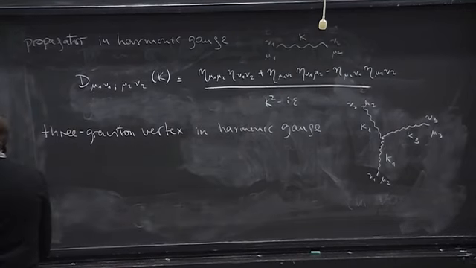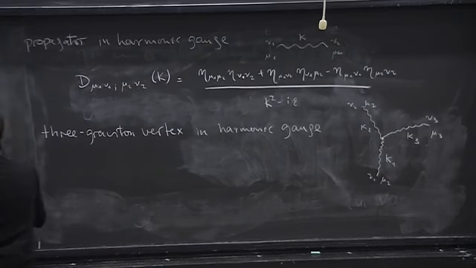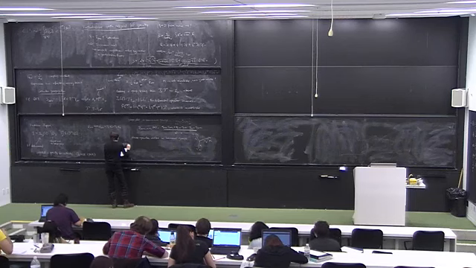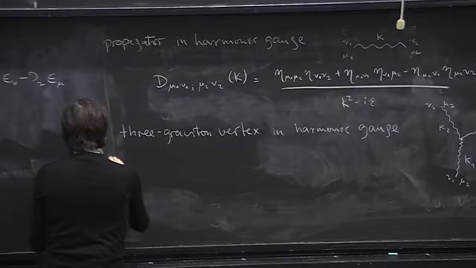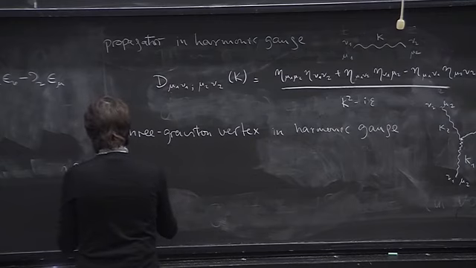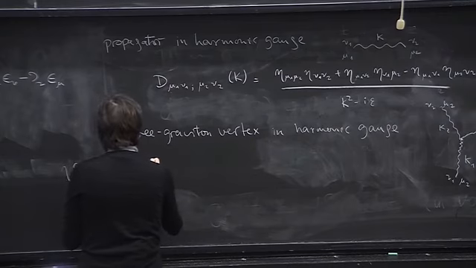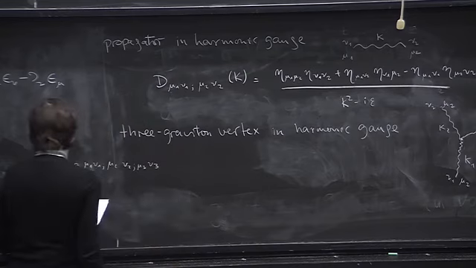Okay, now, what is it? Let me call this capital V for vertex. Now, many indices, six in total, the pairs mu1 nu1, mu2 nu2, mu3 nu3.